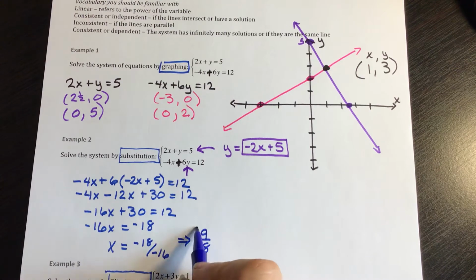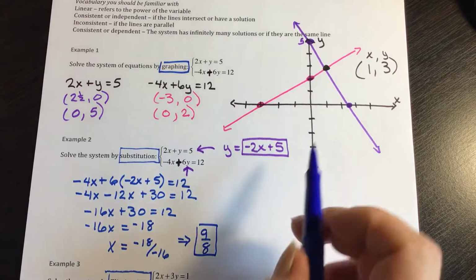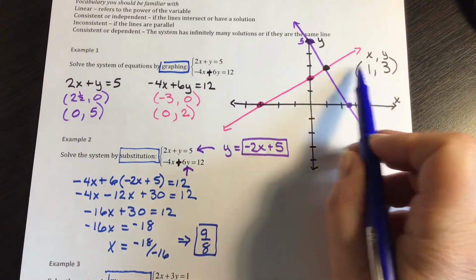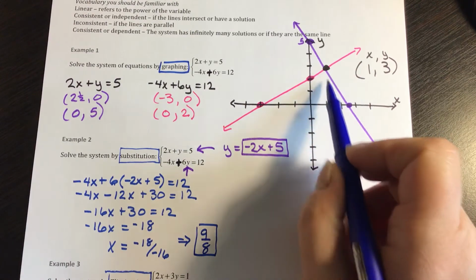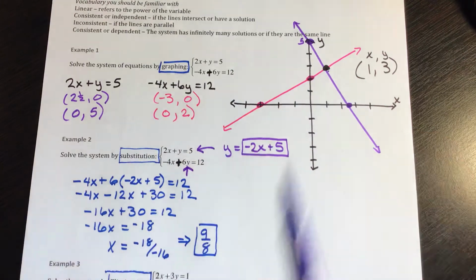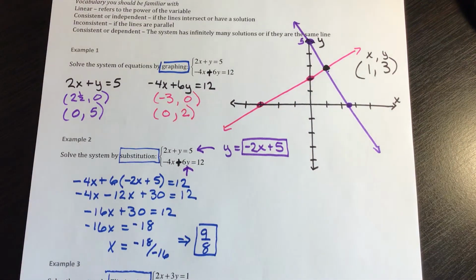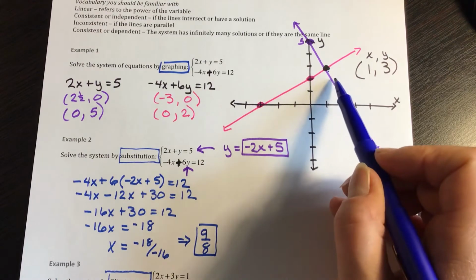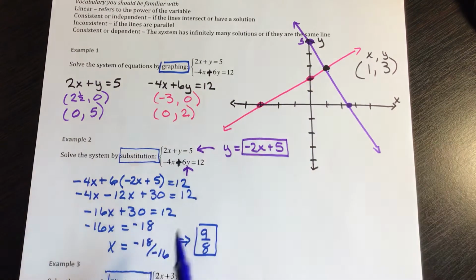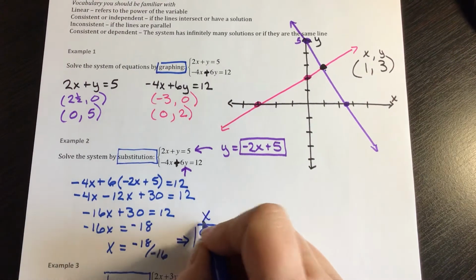Now this is close to 1, which we saw when we were graphing, but it's not exact. When we're graphing, we're going to get estimated values, but when we're doing this algebraically, we're going to get an exact value.